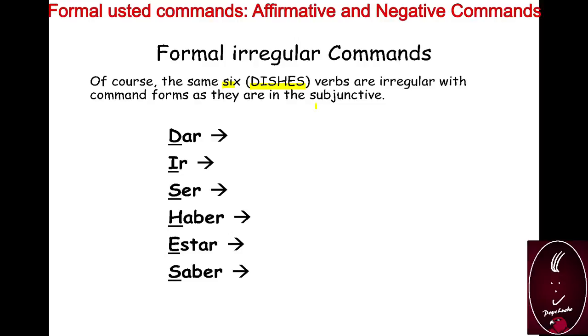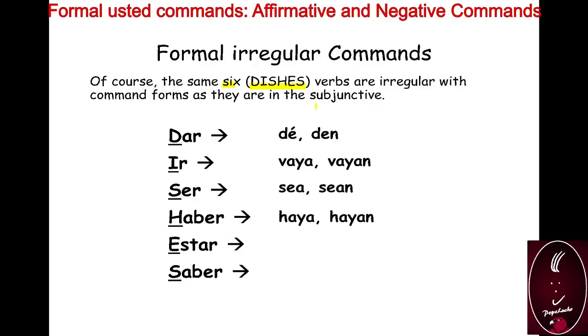The commands, singular and plural, are dé, den, vaya, vayan, sea, sean, haya, hayan, esté, estén, sepa, sepan. The same, if we want to make them negative, we just place no before the command. No dé, no den, no vaya, no vayan, and so on.